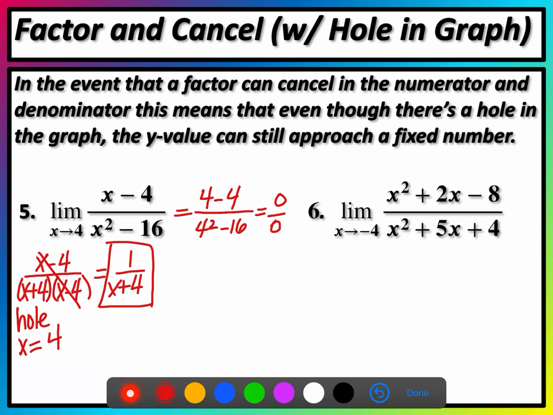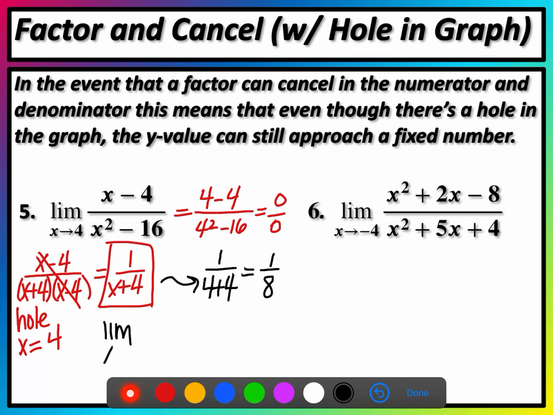So what happens as the function gets closer and closer to 4 here? So we're going to use our simplified version, and if we plug in and use direct substitution now, it's going to tell me that my function is approaching 1 over 8.